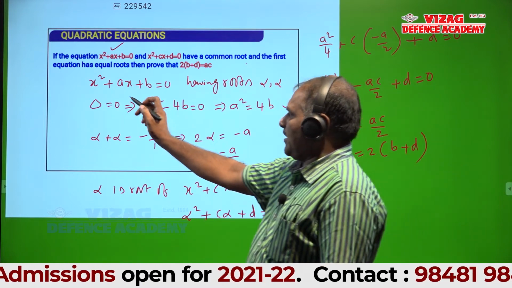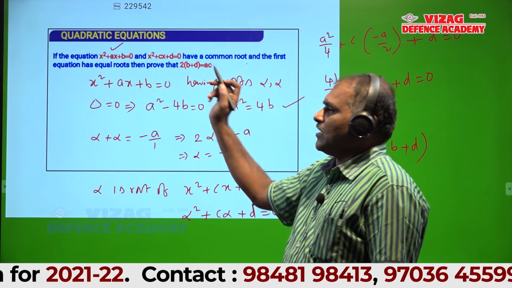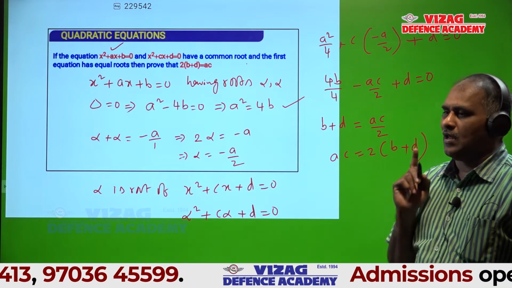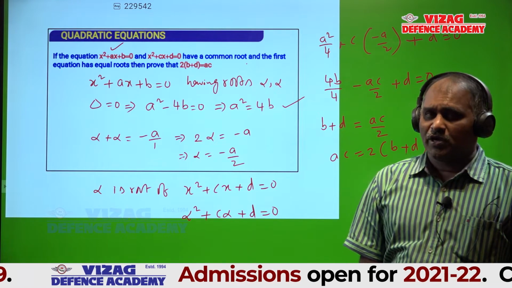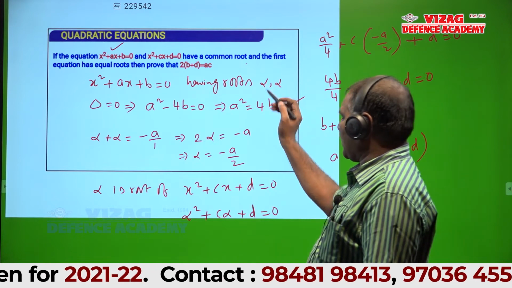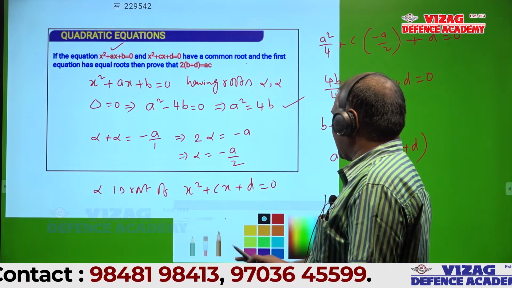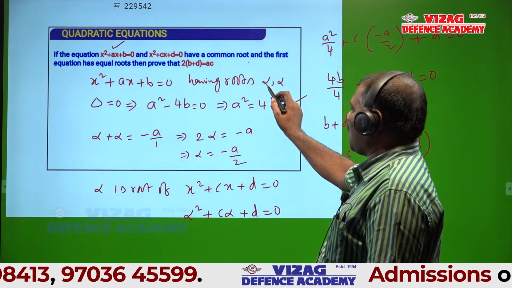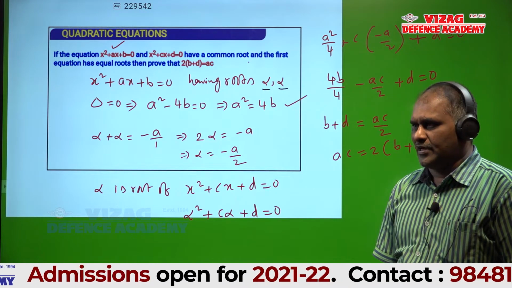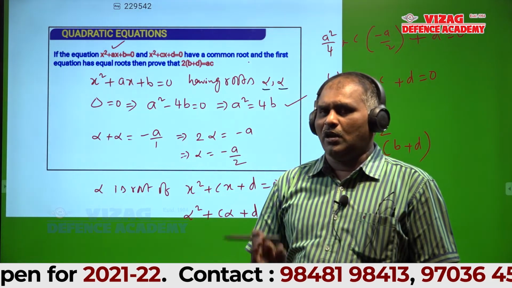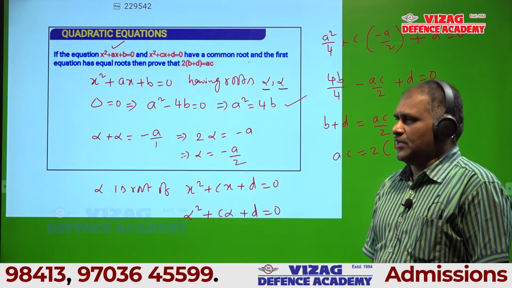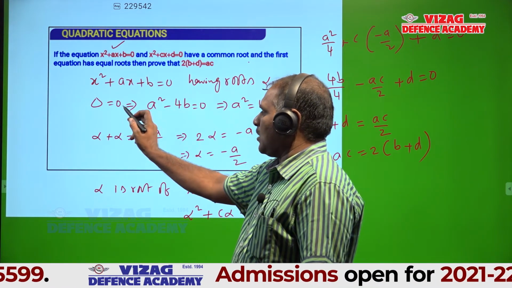Consider x square plus ax plus b is equal to 0, having equal roots. Generally a quadratic equation has two roots, and here the two roots are equal, so I take them as alpha comma alpha. When roots are equal, there is one condition: the discriminant is equal to 0.